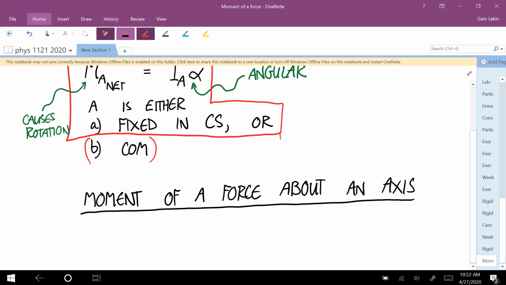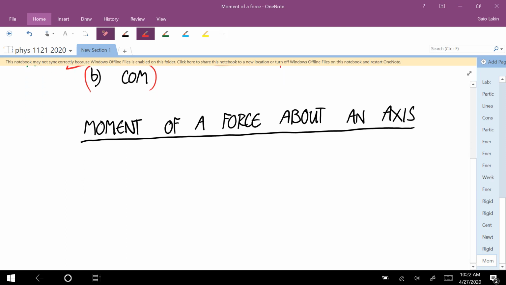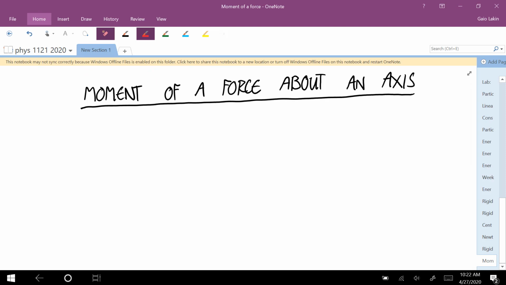Okay, well, eventually you're going to see in later classes that the moment is really a vector. But in this class, since we're doing everything in 2D, we're just going to think about it as a scalar. And so first I want to give you sort of an intuitive meaning of the moment of a force.